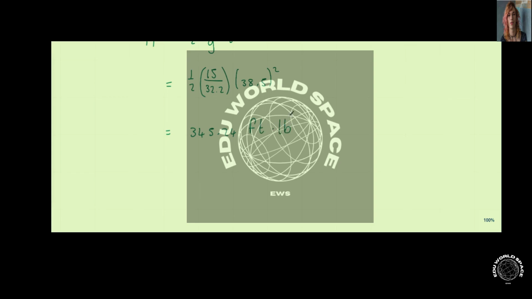And this is a half times the weight, which is 15 pounds, over 32.2 feet per square second. And we know v0 squared to be 38.5 squared. So we get the initial kinetic energy, which is only due to disk A, to be 345.24 foot-pounds. So that's our initial kinetic energy.